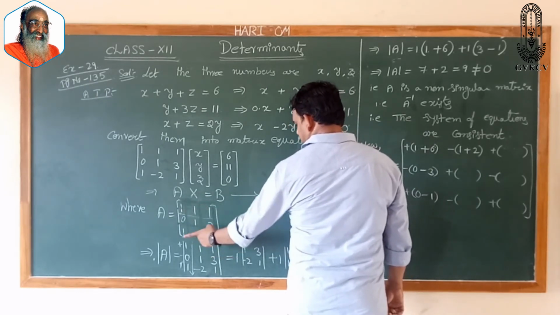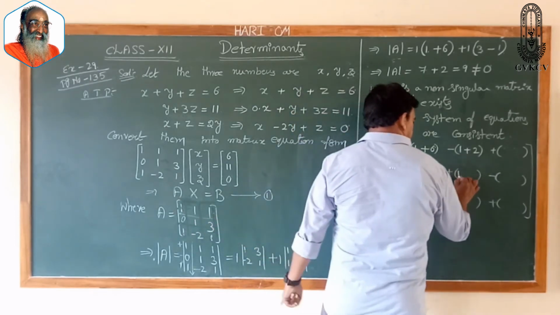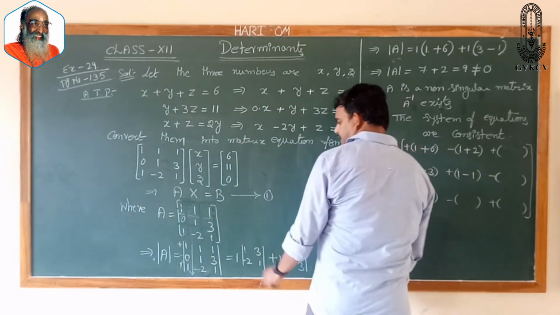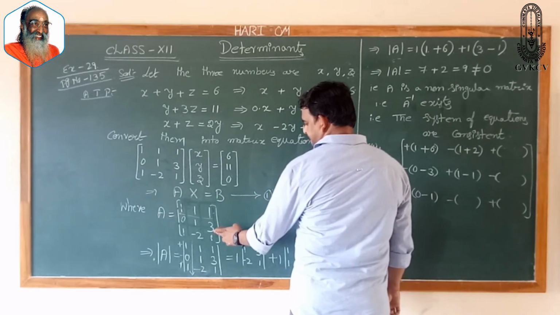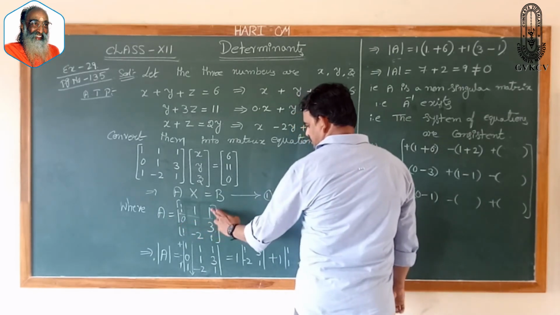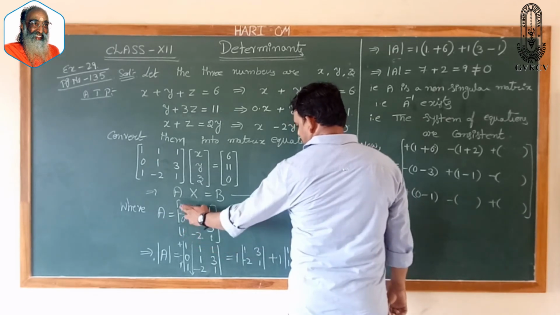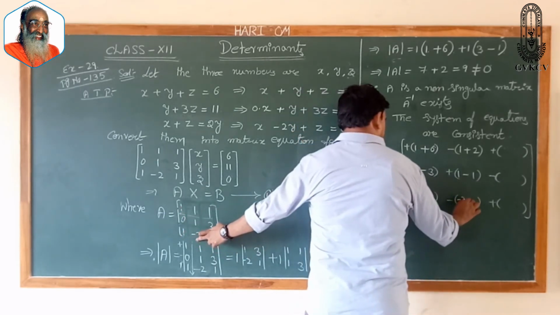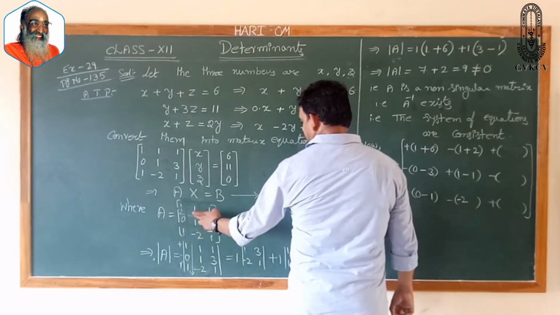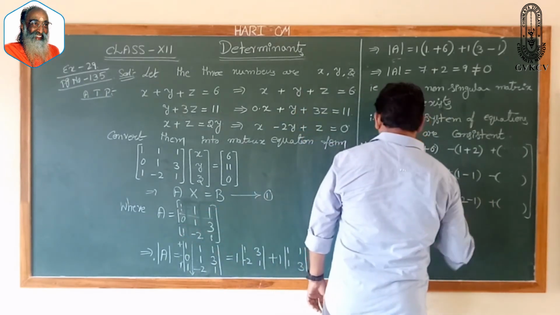So 1 ones are 1, minus 1 ones are 1, 1 minus 1. Now we talk about 3, leaving the respective row and column, we have 1, 1, 1, minus 2. 1 into minus 2 is minus 2, 1 into 1, minus 1.